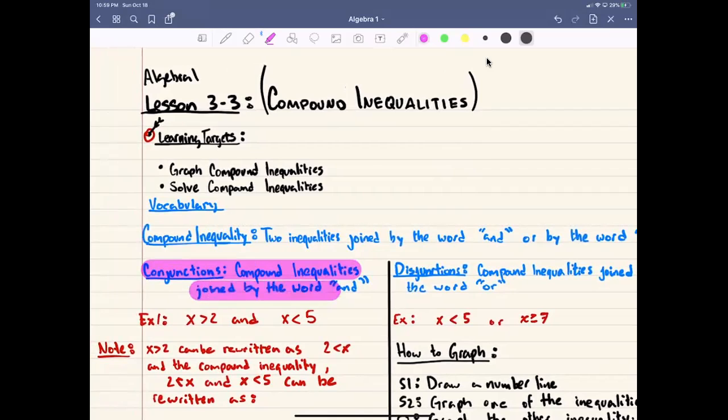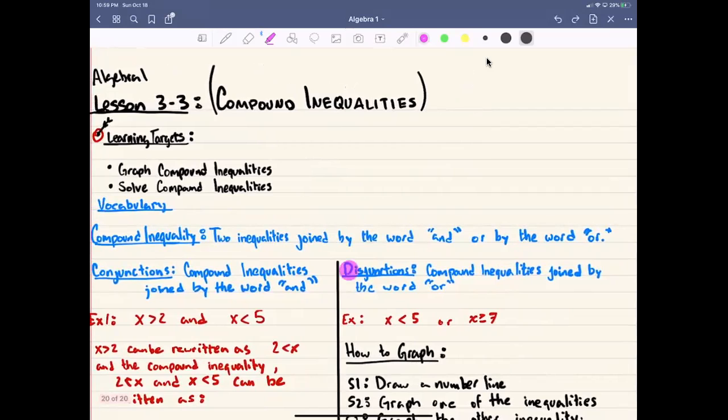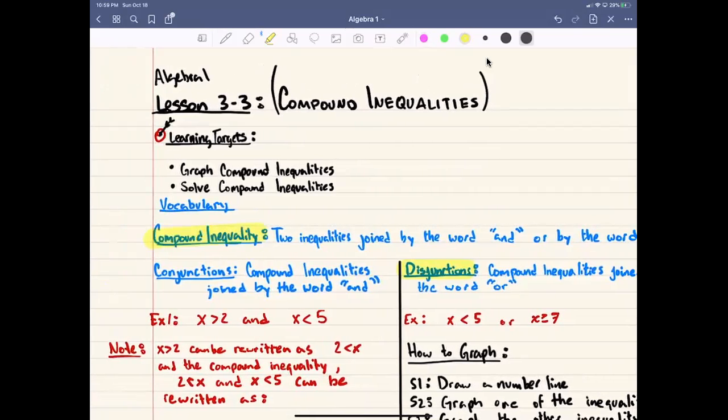Conjunctions are compound inequalities joined by the word and. And if you happen to use the word or, that's going to give you a disjunction. So a compound inequality joined by the word or, right? So these are our three keywords: conjunctions, disjunctions, and compound inequality. I want us to be using those words a lot in class, so make sure you get familiar with them.